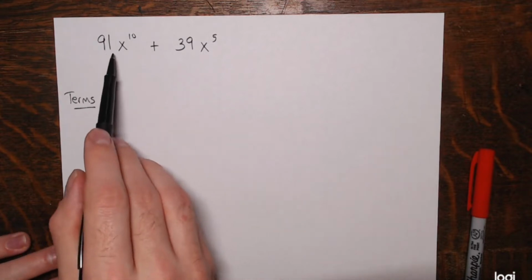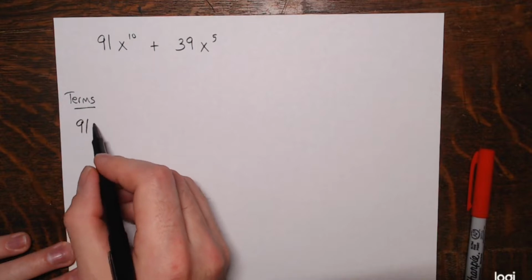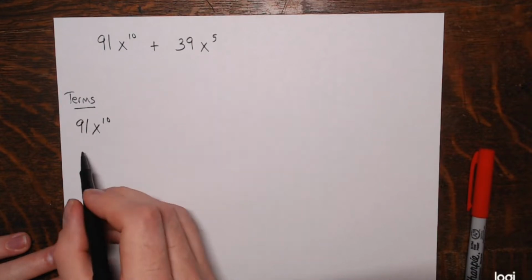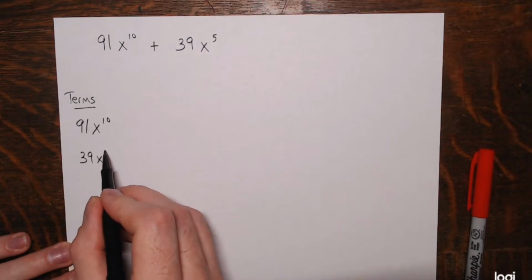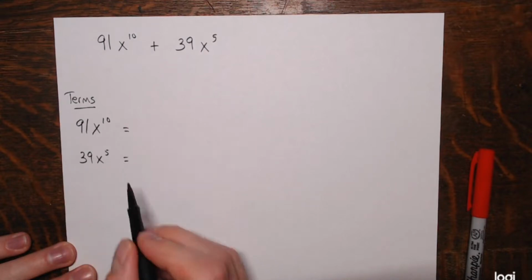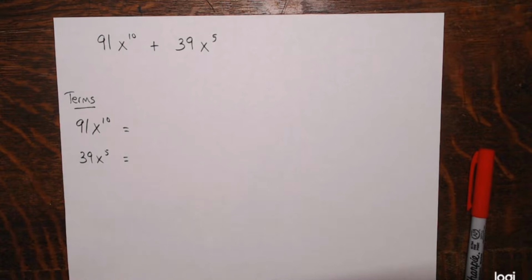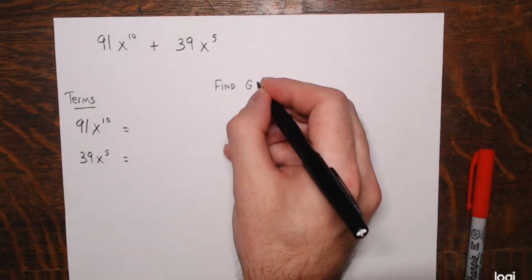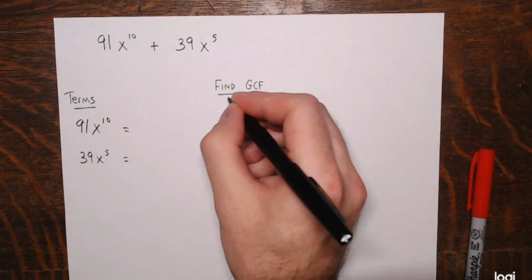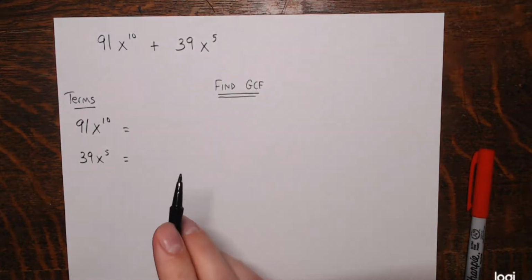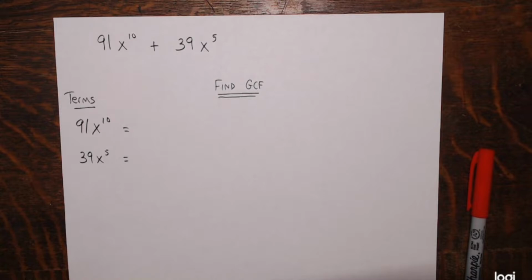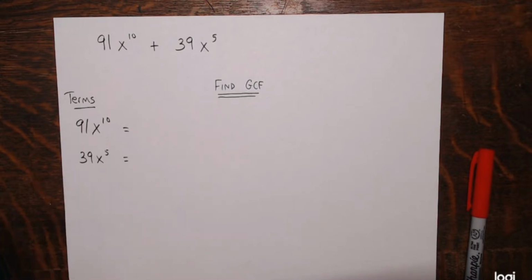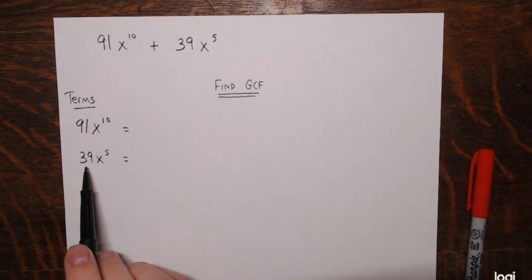So the terms here are 91x to the 10th, and then there's a plus sign, then you have another term, 39x to the 5th, and then I'm just doing what I did in the previous problem. Let's find the greatest common factor, right? Find the GCF of these two terms. Okay, so 91x to the 10th, and 39, let's see, 91.